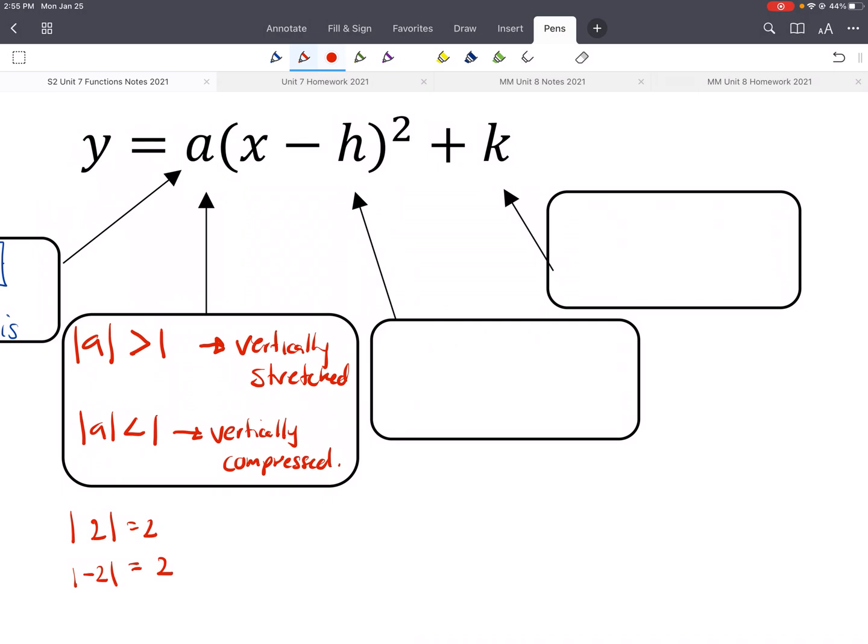So h transforms left or right. Okay? And this one's tricky because it's x minus h. It's going to be the opposite of maybe what you would think.